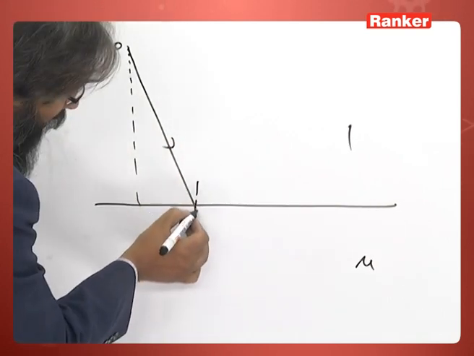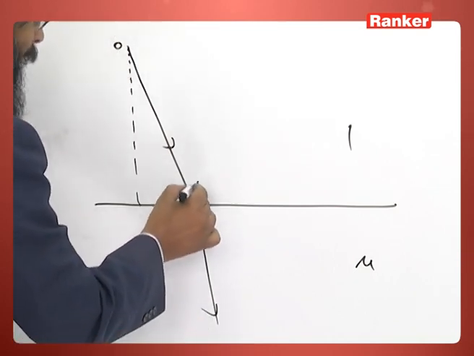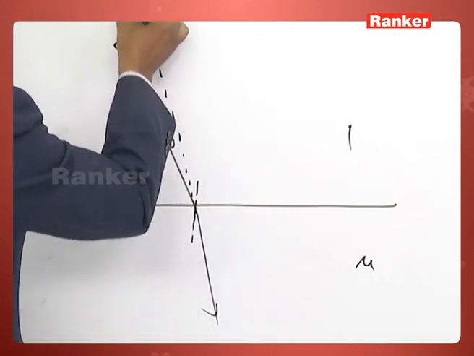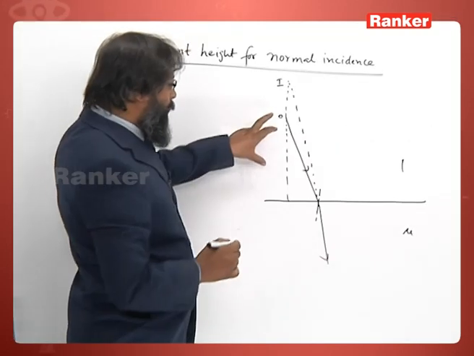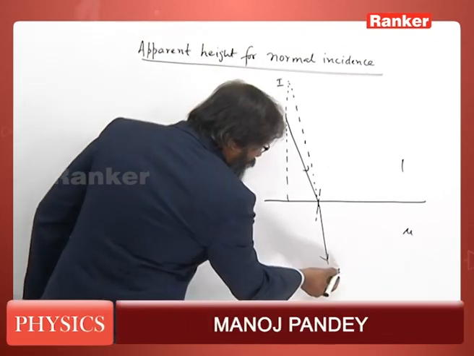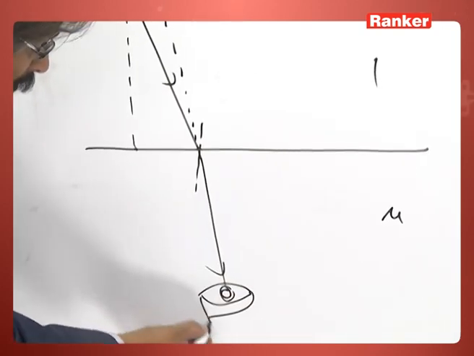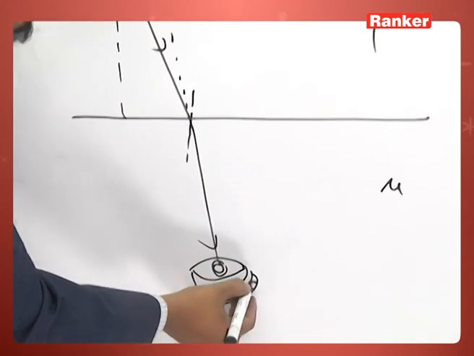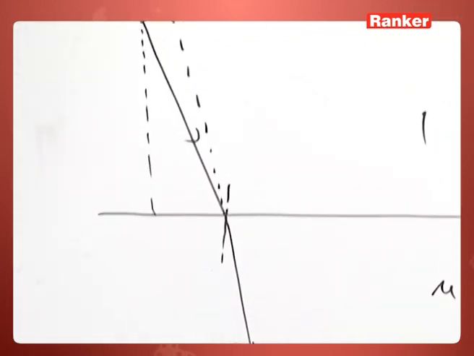Then this ray gets refracted like this, and it seems to be coming from I. That means this is the object and this will be its image. So if we look from this location, the object will appear to be raised above.